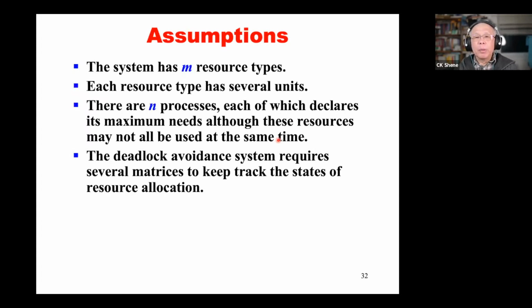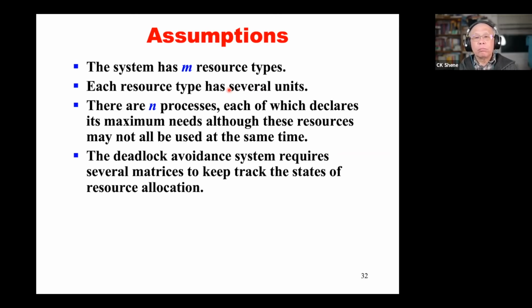To implement this safety algorithm, we need some notation. First of all, the system has M resource types. The value M is, of course, fixed because your hardware is always fixed. And each resource type has several units. This is also a fixed value. For example, the system has 10 tape drivers and 5 disk drivers.